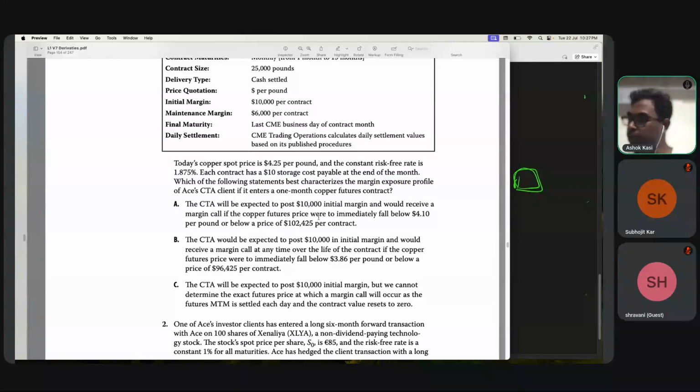CTA will be expected to post 10,000 initial margin. Which of the following statements best characterizes the margin exposure profile of ACE's CTA client if it enters a 1-month copper future contract?